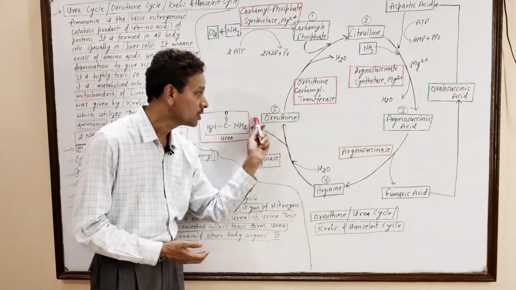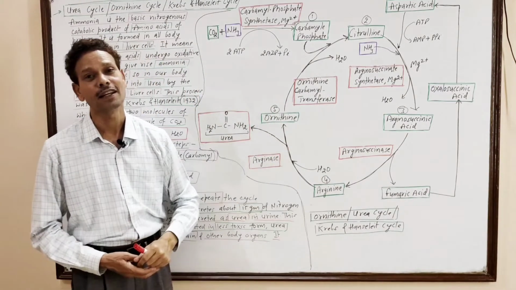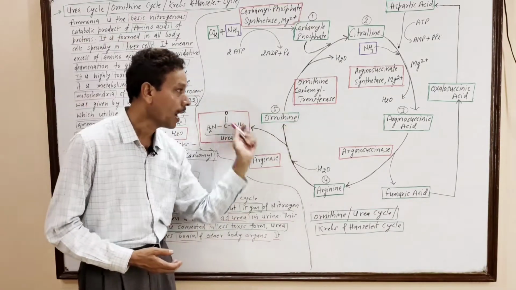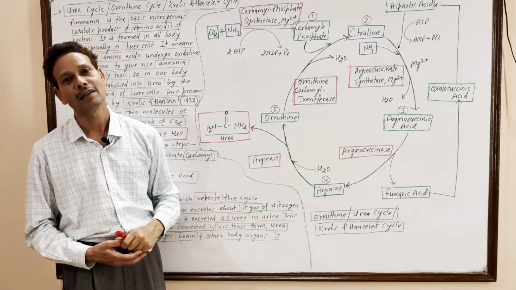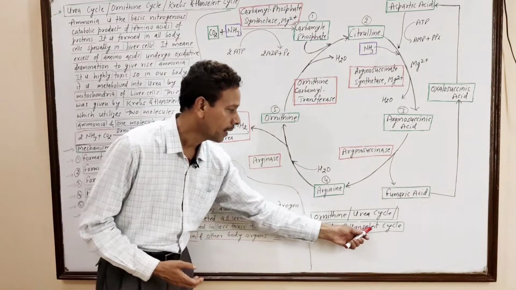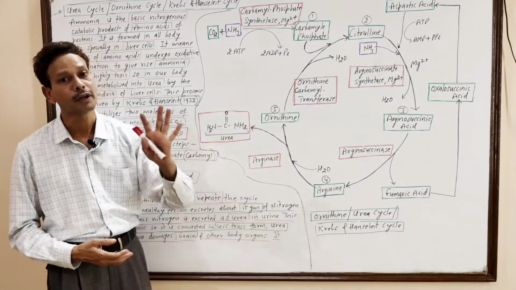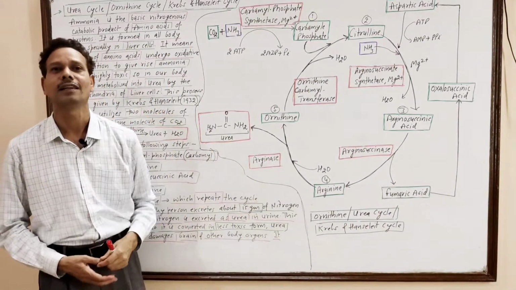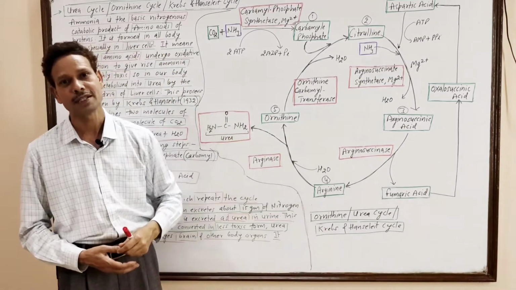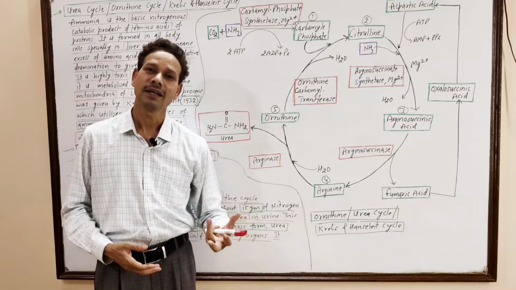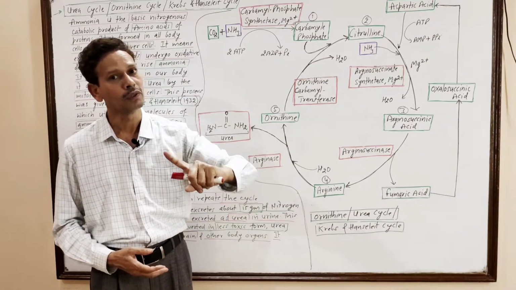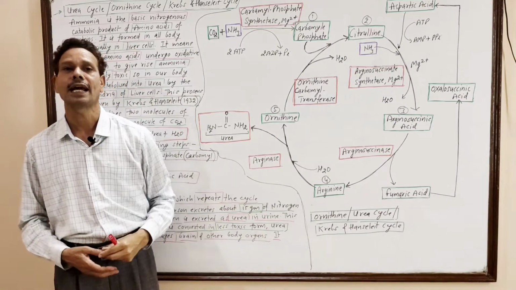In this, ornithine repeats the cycle, so it is named ornithine cycle, and this entire process was explained by Krebs and Hanseleit, so it is named Krebs and Hanseleit cycle. This entire process takes place in liver cells, hepatocytes, carried by mitochondria of liver cells.